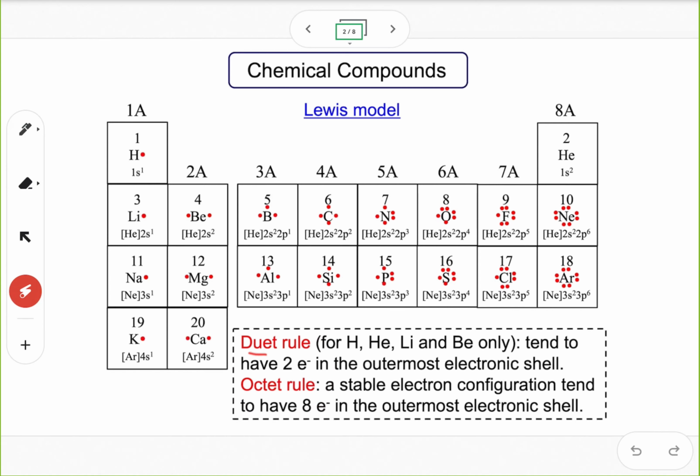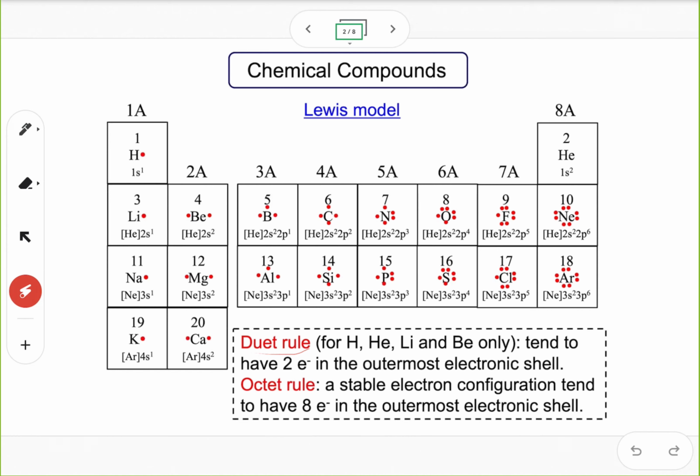The first one is the duet rule. The duet rule works for hydrogen, helium, lithium, and beryllium, 4 elements. The other elements in the first 20 elements follow the octet rule. So let's go through them one by one.